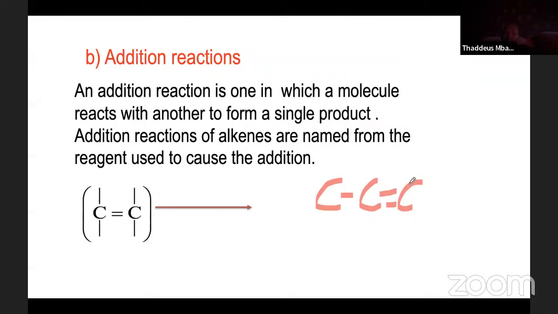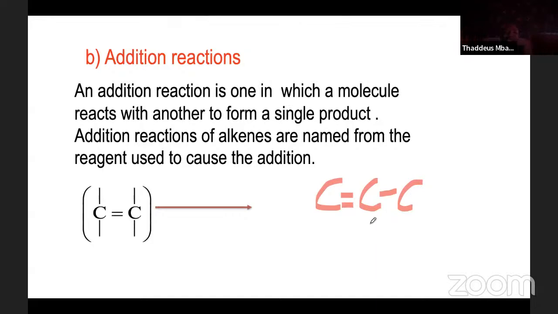Utaita prop 1 ene. So tuseme now you change the double bond. Alafu sasa uilete wapi? Uilete sasa hapa. Si bado itakuwa 1 2, it will still be prop 1 ene. So we cannot have prop 2 ene. Therefore we don't specify. We just call it propene. It has no other name.